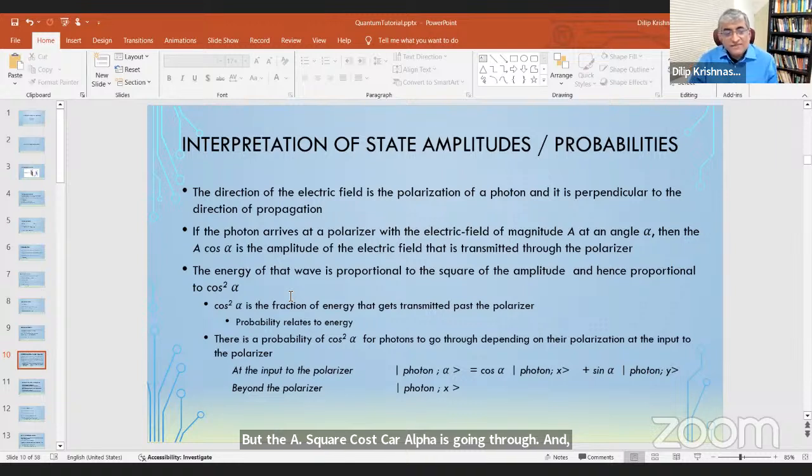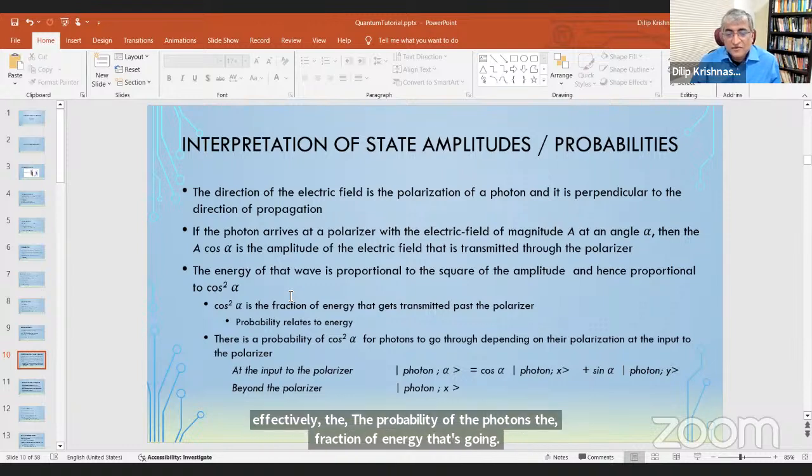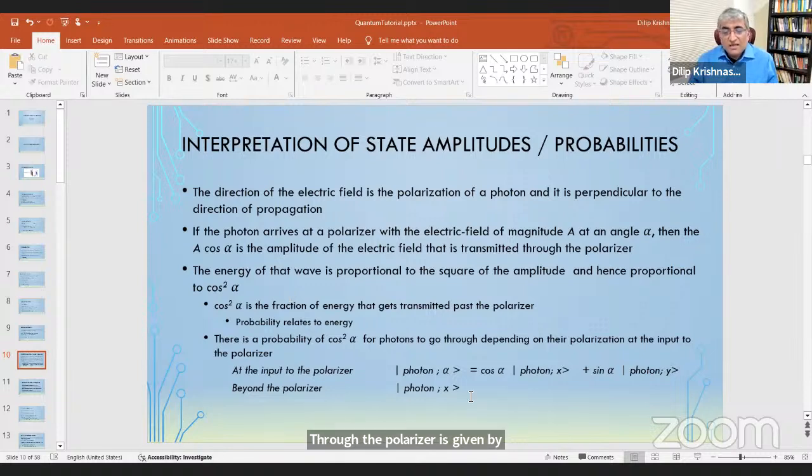So effectively, the fraction of energy that's going through the polarizer is given by cos square alpha. So you can think of two versions of the photon, one that's going through the polarizer and one that doesn't. And the amplitude for the one that goes through is cos alpha, and the one that doesn't is sine alpha.